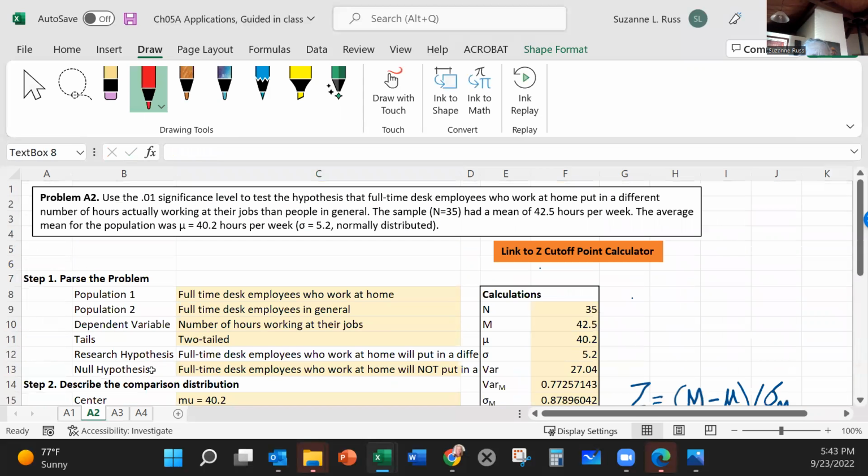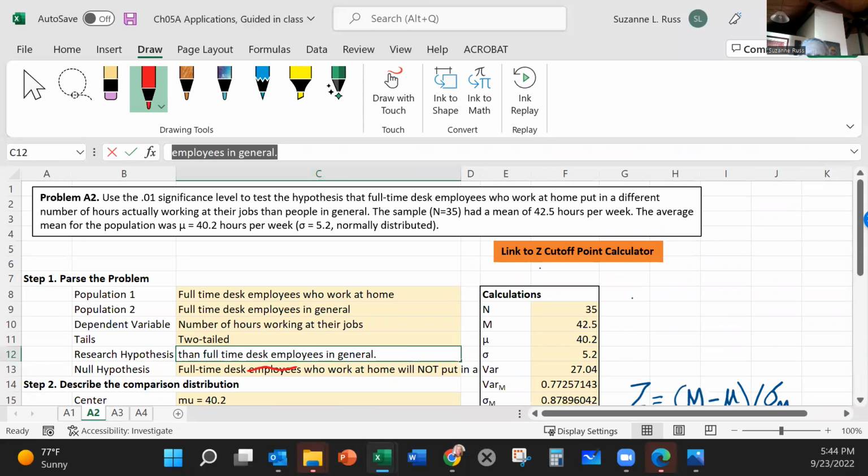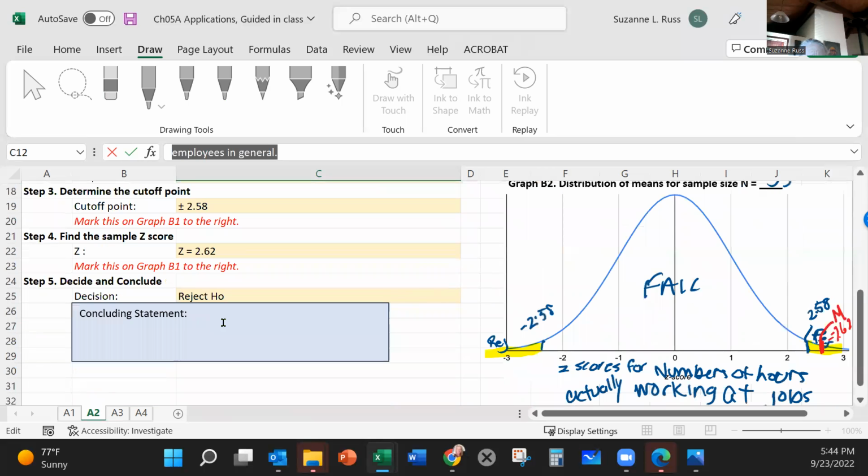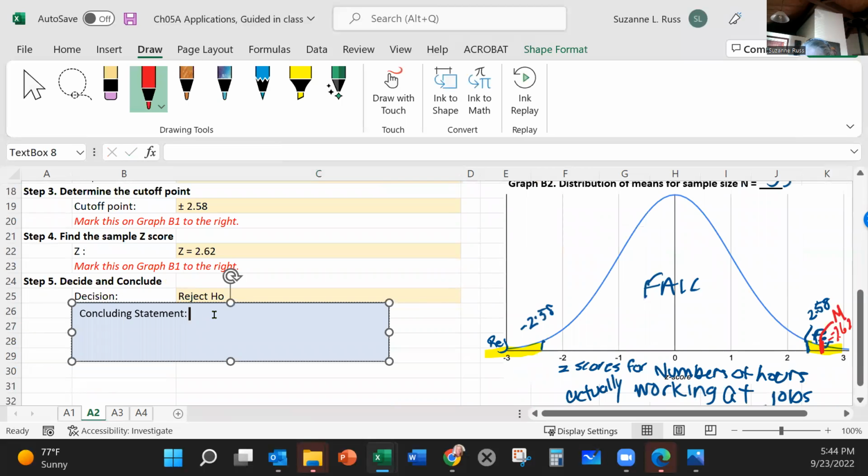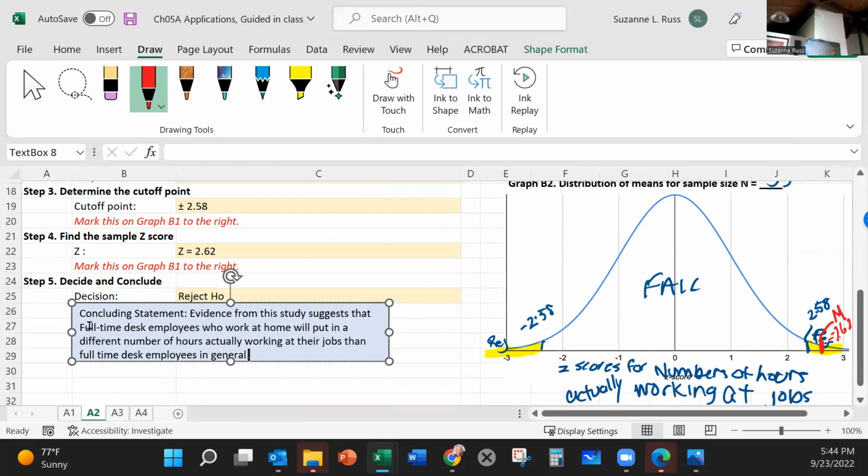If we reject the null hypothesis, we cross it off and nothing is left but our research hypothesis. So I'm going to copy this down to use in our concluding statement. So here we go. And I'm going to add a little bit of extra, reminding us that evidence from this study suggests that, and there is our hypothesis. We're no longer predicting, so let's get rid of that word will. And let's add the statistic before the period.